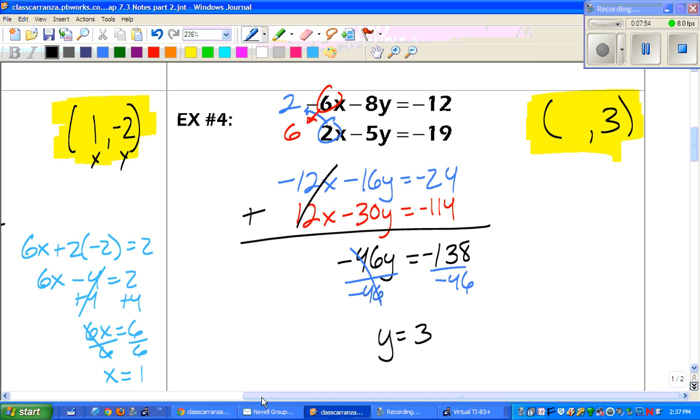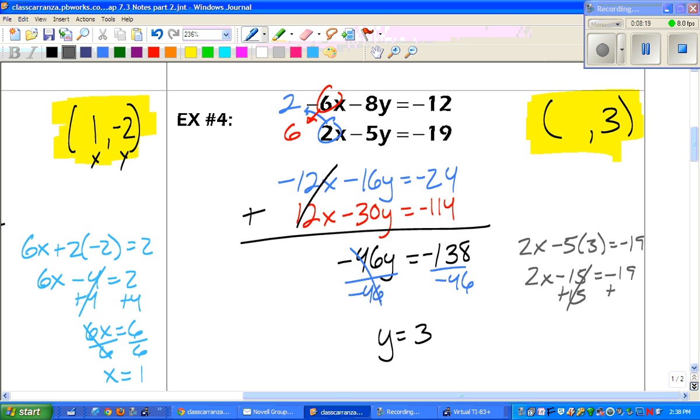So there's my y. And now we just have to plug in and find out what x is. Okay. So you can pick either one, the top or the bottom. I like to work with a positive x, so I'm just going to pick the bottom for this one. Okay, so we get 2x minus 15 equals negative 19.